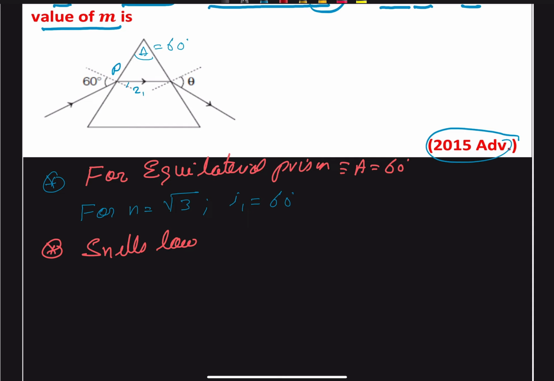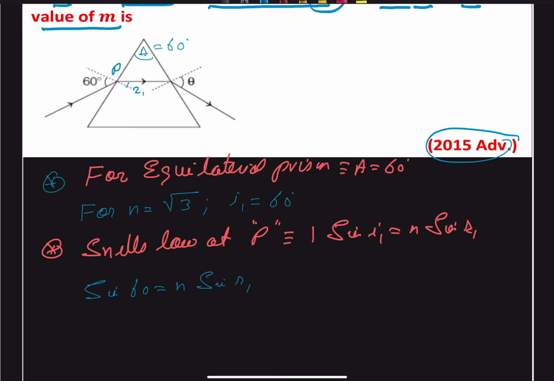Snell's law at P. So we have sine of I1 is equal to n sine of R1. So I1 is our 60, so we get sine of 60 equal to n sine of R1.